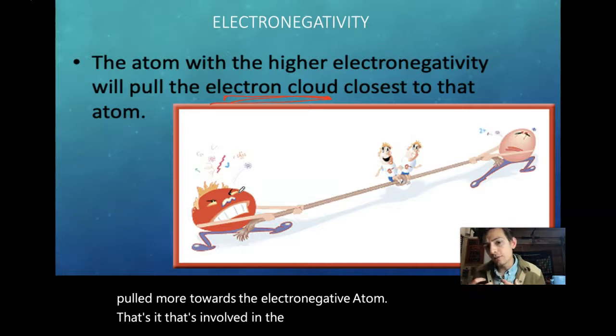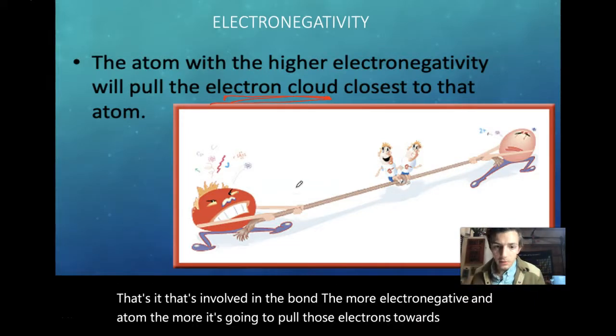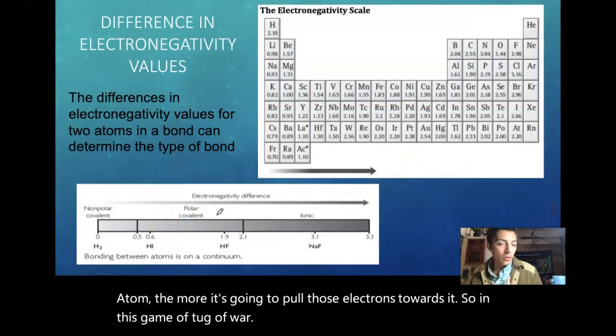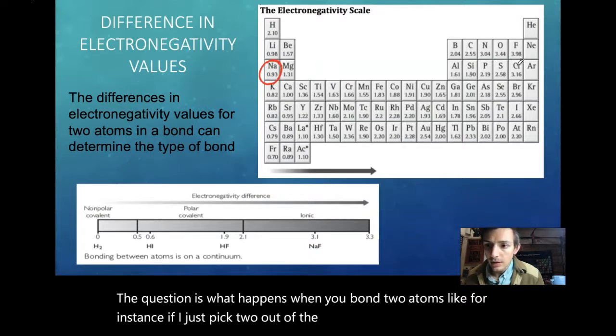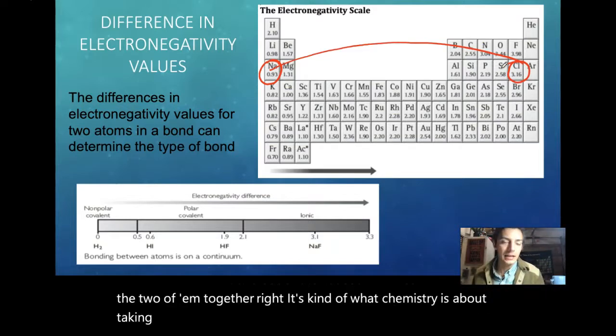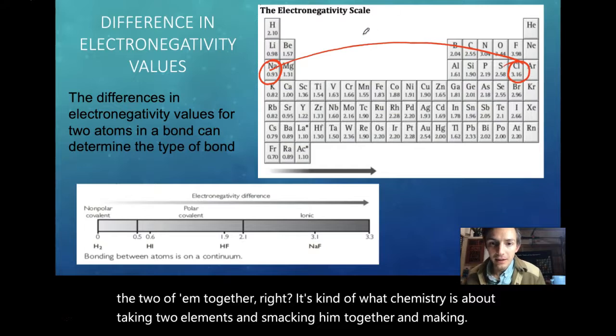The more electronegative an atom, the more it's going to pull those electrons towards it. So in this game of tug of war, the question is, what happens when you bond two atoms? Like, for instance, if I just pick two out of the hat, sodium and chloride, and I bond the two of them together, right? It's kind of what chemistry is. It's about taking two elements and smacking them together and making some kind of a bond with that, right?